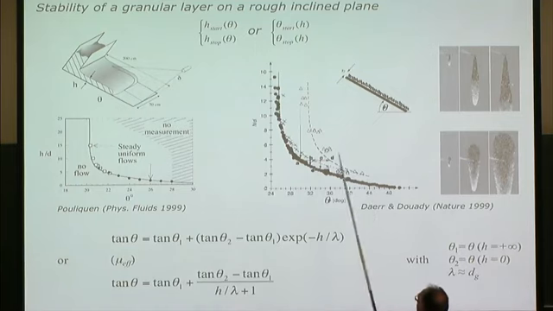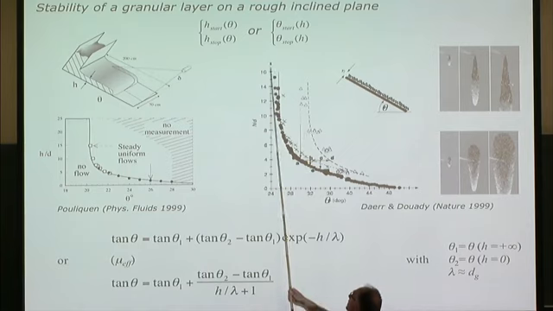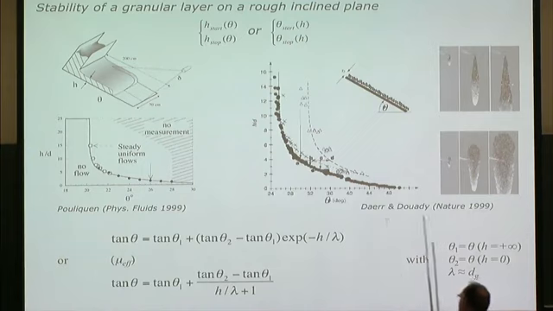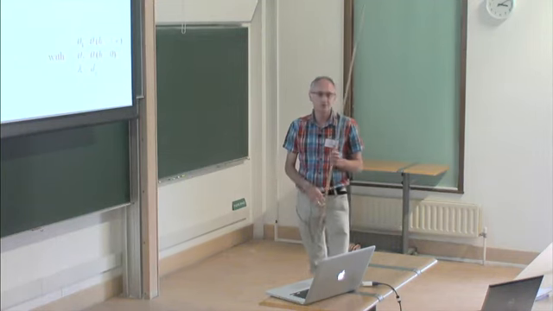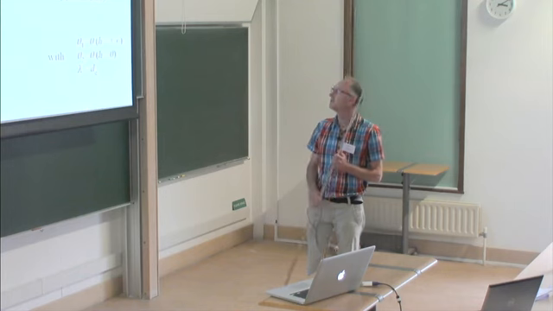Theta 1 is the angle for which there is no more influence of the plane, so h, the thickness of the layer, tends towards infinity.